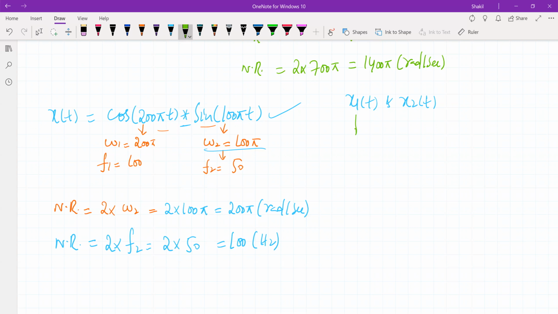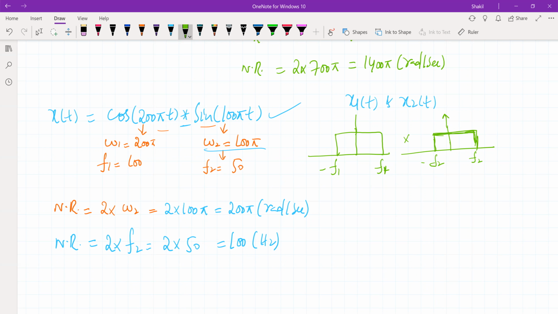If this is the spectrum from minus f1 to f1, and you multiply it with the spectrum from minus f2 to f2, you will be left with the signal portion which has the minimum duration in the frequency domain. That's why we select the minimum frequency, not the maximum frequency.